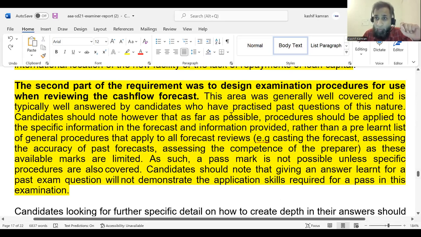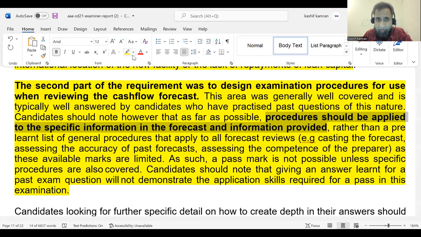Candidates should note, however, that as far as possible, procedures should be applied to the specific information in the forecast and information provided. So what is the priority the examiner wants from you? Procedures should be applied to the specific information in the forecast and information provided.